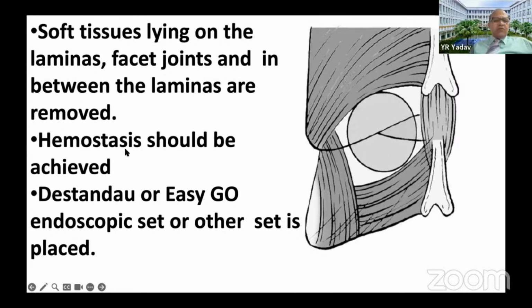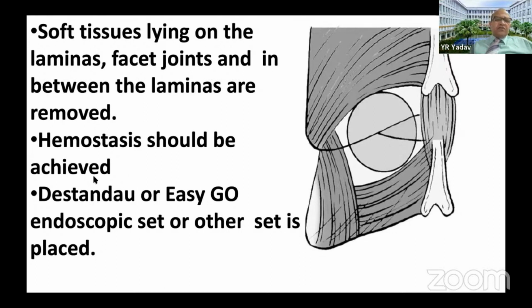If there's a lot of bleeding when you drill the bone and remove the lamina, and a lot of oozing is there, it is difficult to work. So maintain absolute hemostasis, and then only remove the lamina.